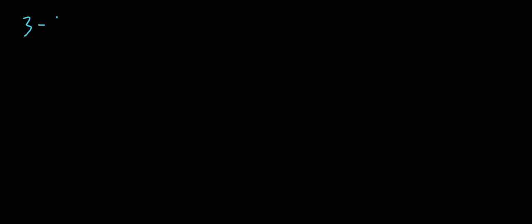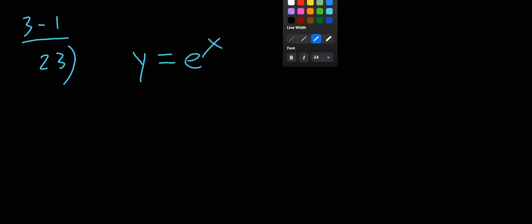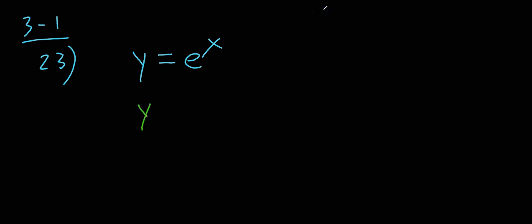23 on 3-1. Okay. 23, 3-1. Trying to get a little ugly here. Yeah, we could deal with it. 2 e to the 3 minus 3x.